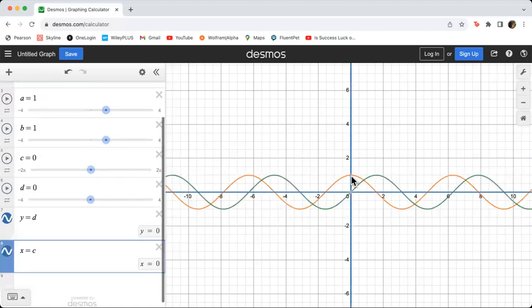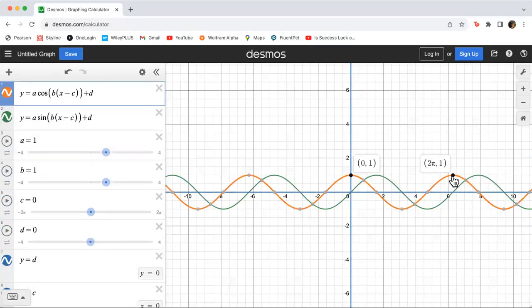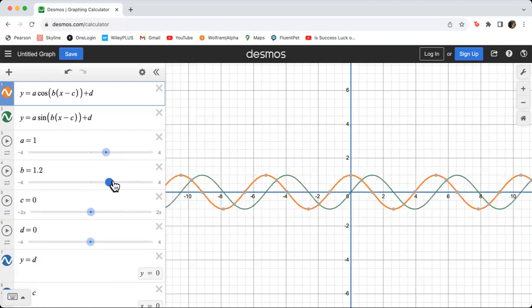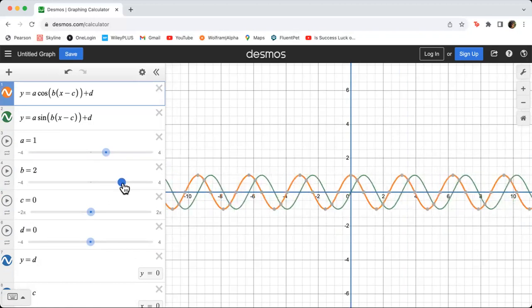So our default period is 2 pi. That's from the top to the top here. Let's change the value of b to 2 and see what happens. When b went up, what happened to the period?